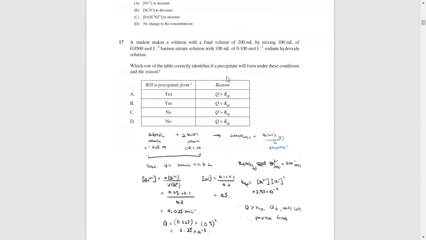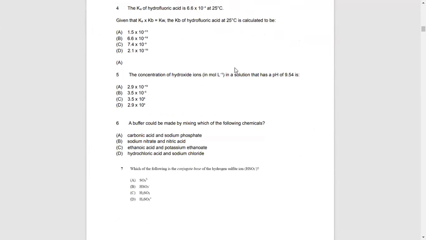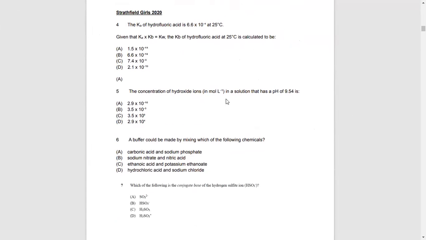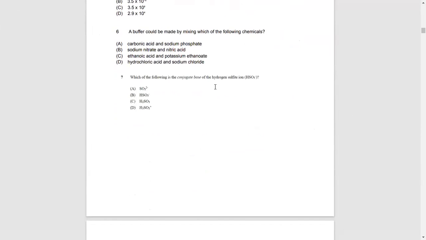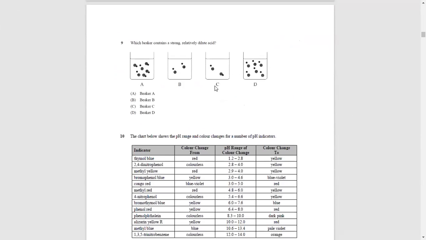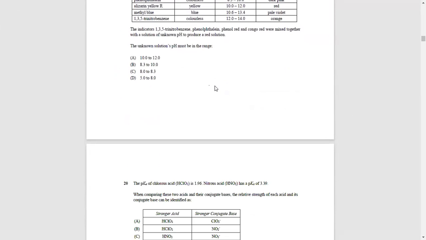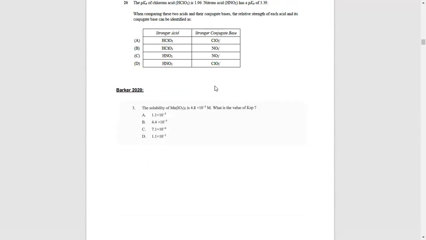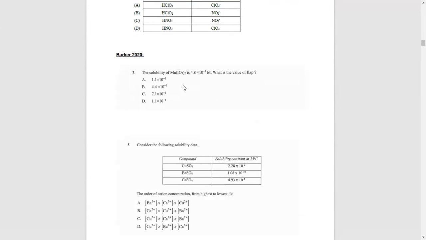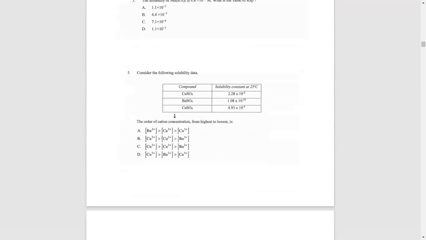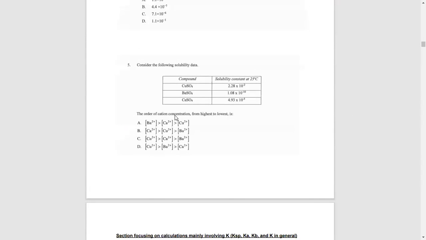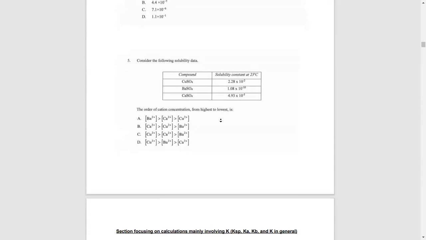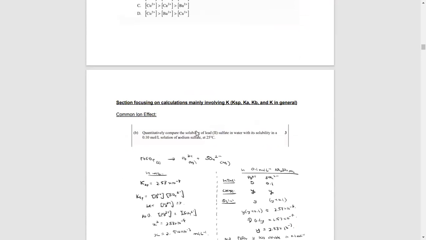So this one we can skip because we already have answers there. All right, this is now talking about Ka, which we might leave till tomorrow. We've got some stuff here on acids and Ka and pKa. We've already done this one, I think. So it looks like there's a bit of overlap here. We want to now do a few more questions on the common ion effect.